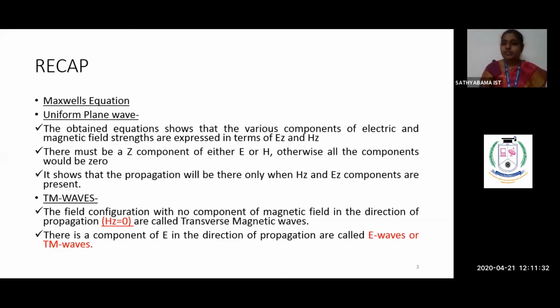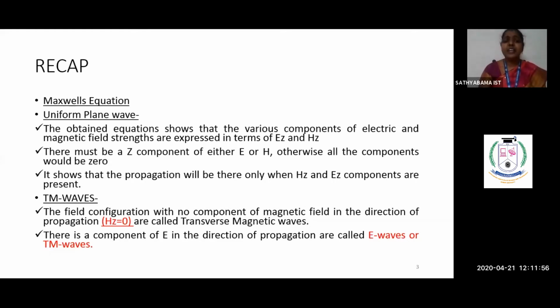Next, what we have seen in the previous session is a general derivation for the parallel plane wave. In that we found 4 components, with the wave propagating in Z direction, so EZ and HZ do not exist. What we found in the parallel plane wave general derivation is EX, HX, EY, HY, 4 components exist.